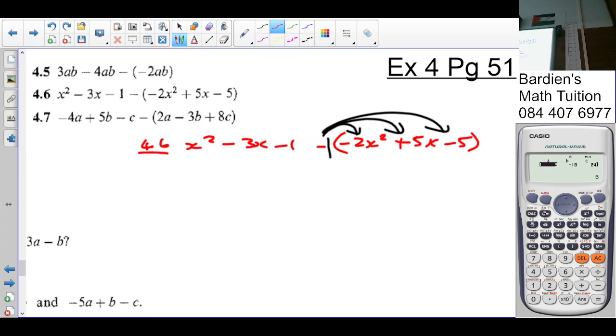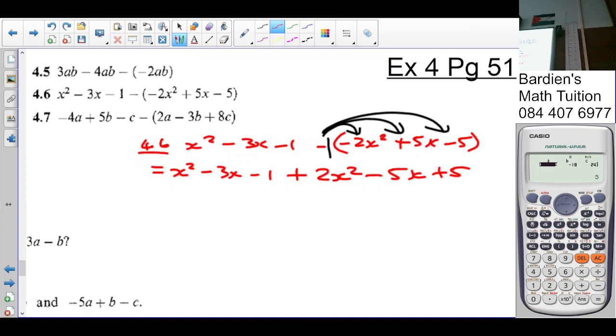Okay? So we got x squared minus 3x minus 1. Now negative 1 times negative 2x squared will be positive 2x squared. Negative 1 times positive 5x is negative 5x. Negative 1 times negative 5 is positive 5.